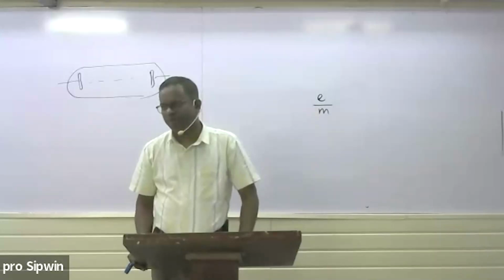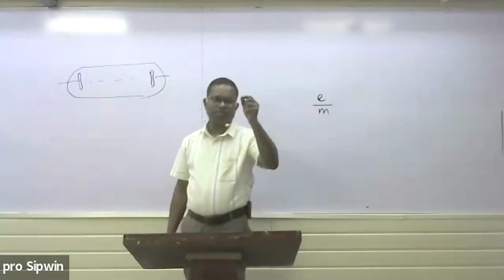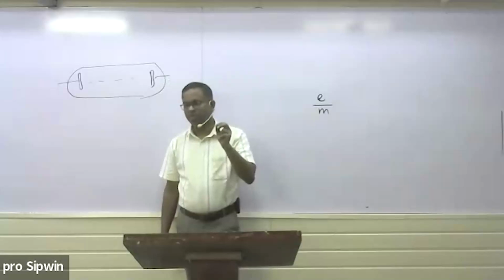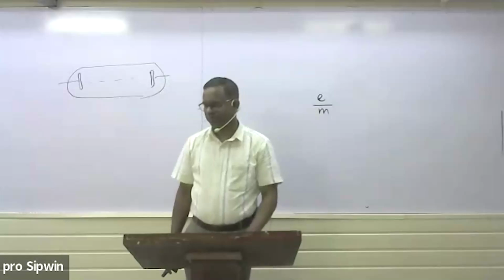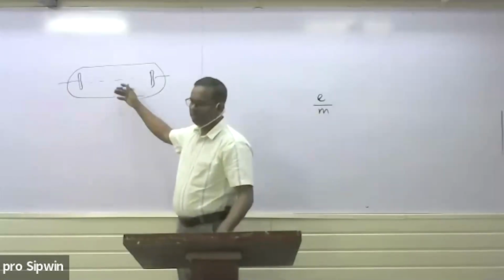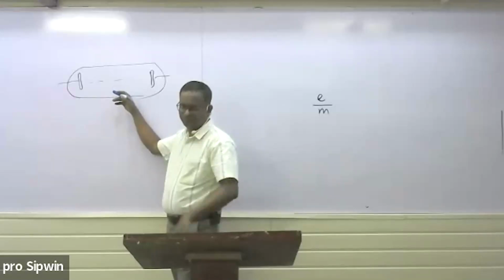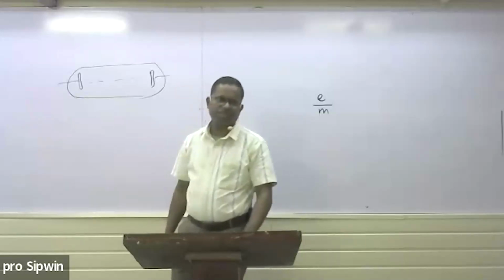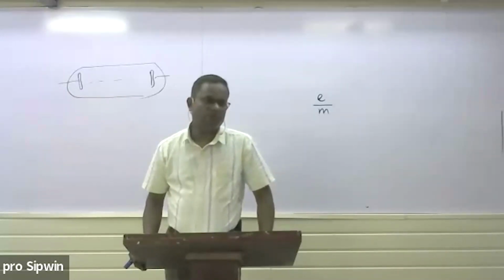He said this cathode ray particle is a basic, fundamental particle common to all matter. When we change the matter, the gases, the electrodes, the E over M value of the particle is fixed. That confirmed the cathode ray particle is a basic, if not fundamental, particle common to all matter.